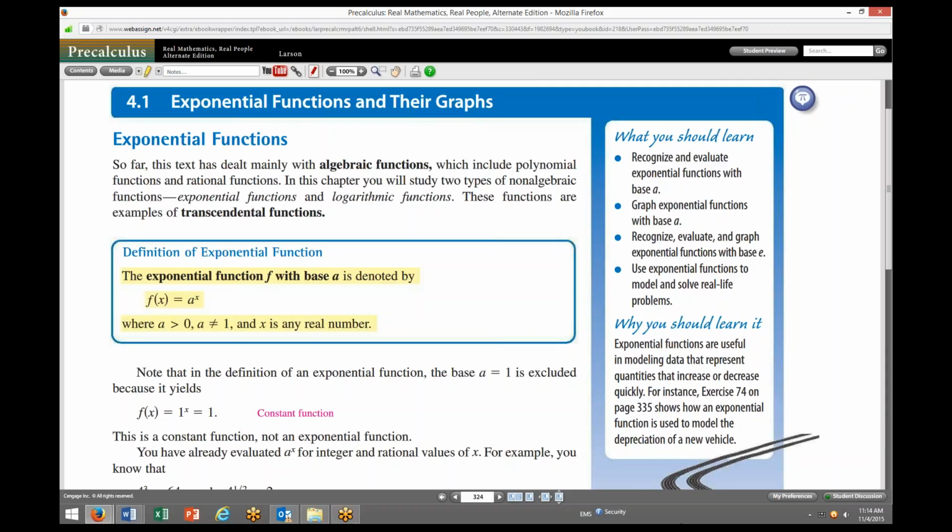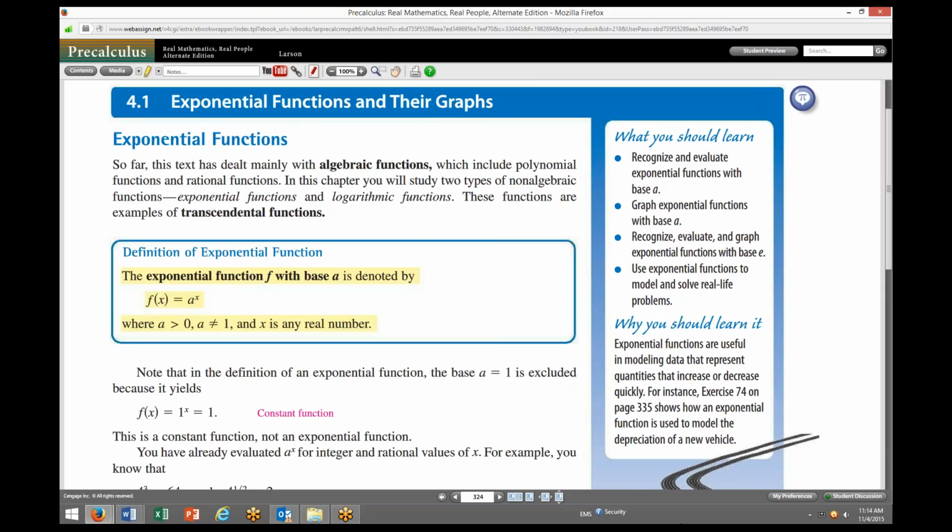And if a were negative, you get some real curious type results. For instance, a negative number to a whole even number like 2 or 4 or 6 becomes positive.